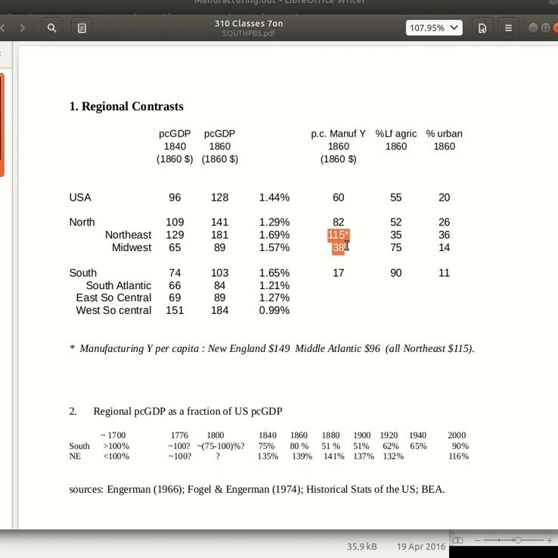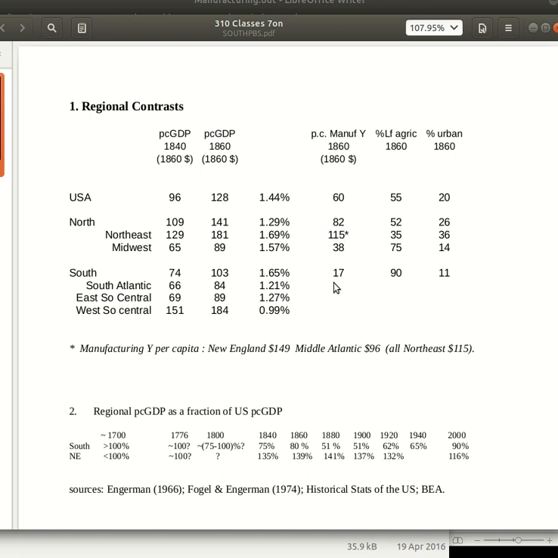We have the Northeastern, Hamilton's vision, manufacturing and cities. The Midwest has twice the manufacturing that the South does. So we're seeing a difference between the free agricultural-based economy and the slave agricultural-based economy. But both of them are much, much less industrialized than is the Northeast.